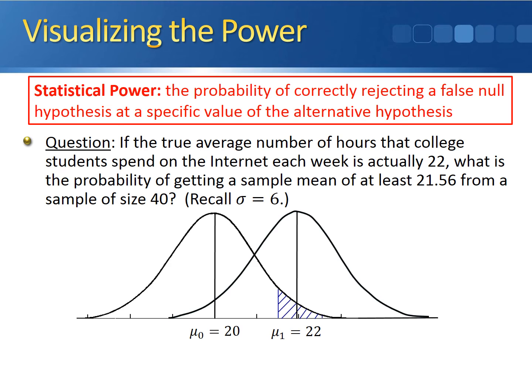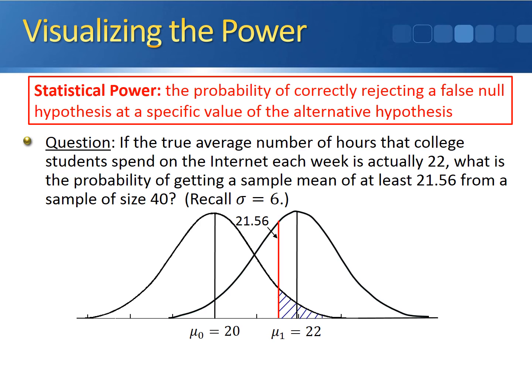However, we're looking for the probability of getting a sample mean of at least 21.56 if 22 is actually the true population mean. Suppose we're actually taking our sample from the distribution on the right. Assume that 22 is the true population mean and that our 40 observations are coming from the normal distribution on the right. What we'll do is extend the critical value line up to the top of the distribution centered at 22. This red line represents 21.56, the cutoff between rejecting and failing to reject the null hypothesis.